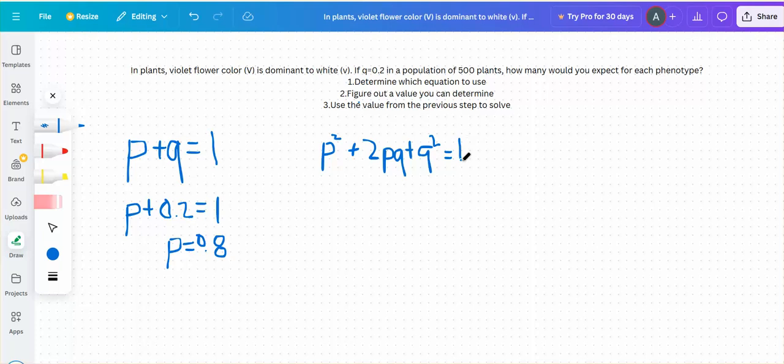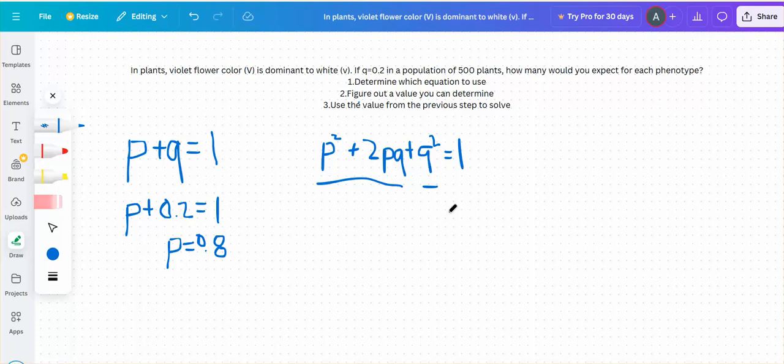So remember that in this formula, P squared is the frequency of the homozygous dominant individuals, and 2PQ is the frequency of the heterozygotes. So we're asked about phenotypes here. So these are going to have the dominant phenotype, and these are going to have the recessive phenotype.